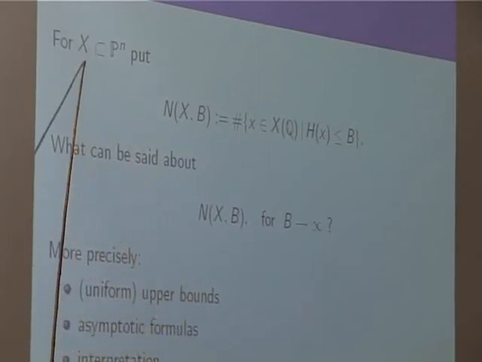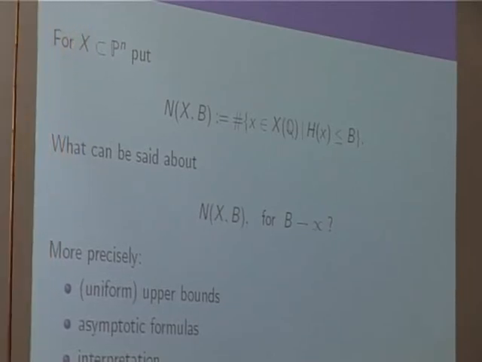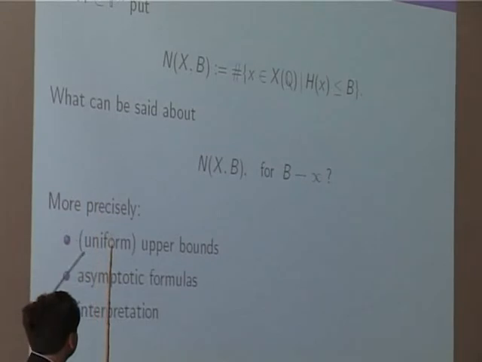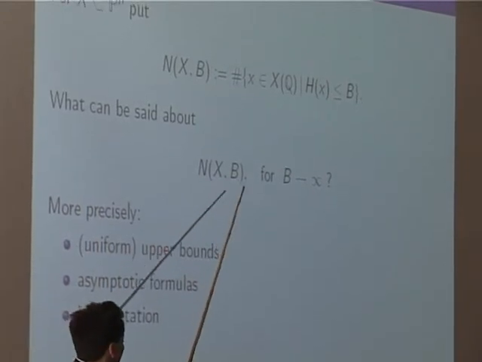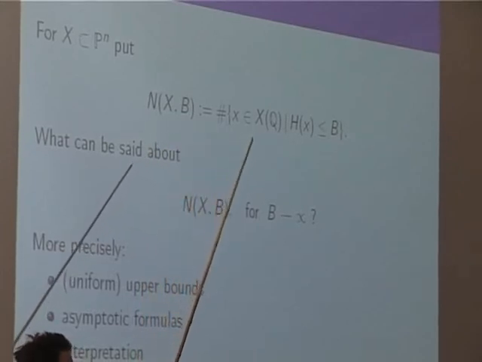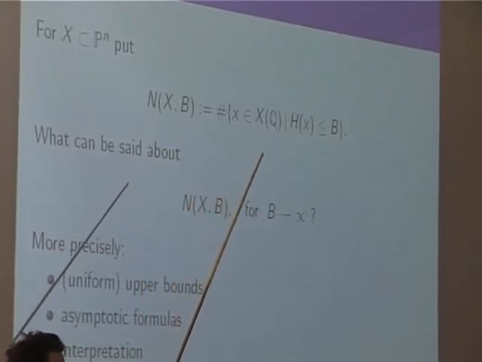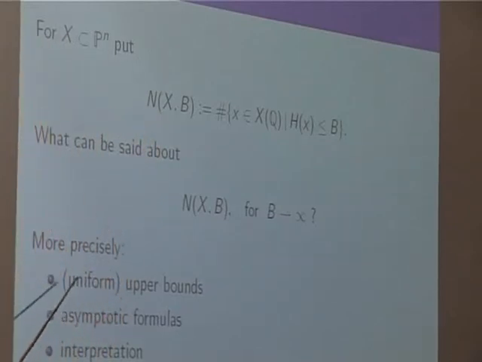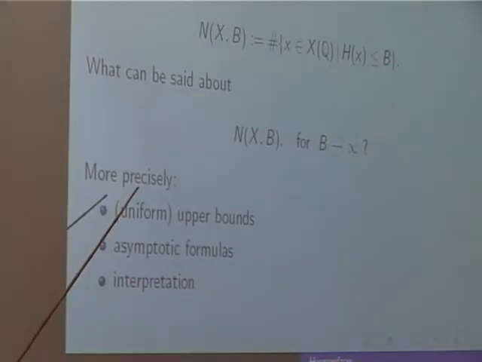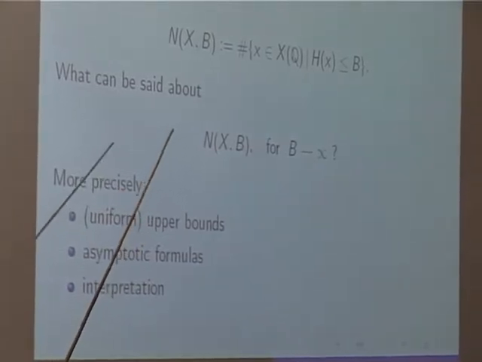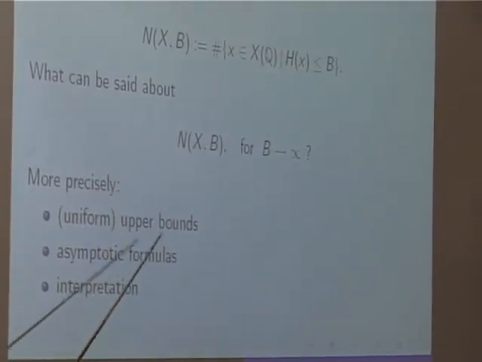Or we could look, just as before, at a family of subvarieties in P^n, say X_t, and then we could ask, if we fix B, what can be said about N(X, B) as we vary X, as we change the value of the parameter? So that would be a question about uniform upper bounds, uniform in, say, the degree of X, or in something else, or we could ask for asymptotic formulas.